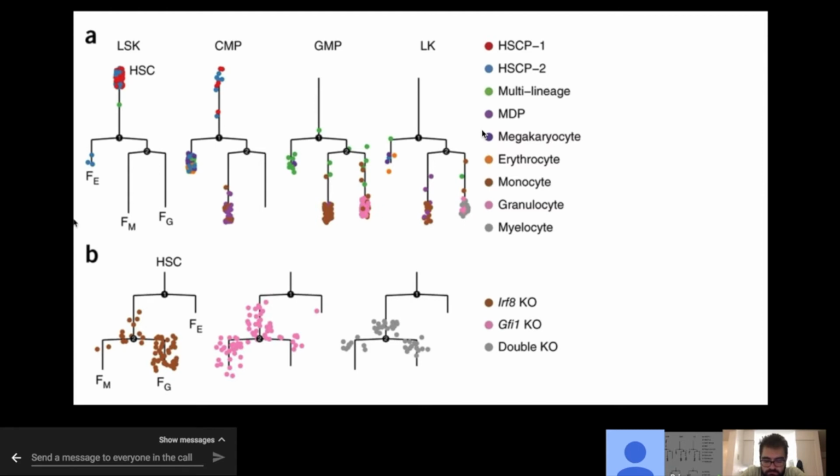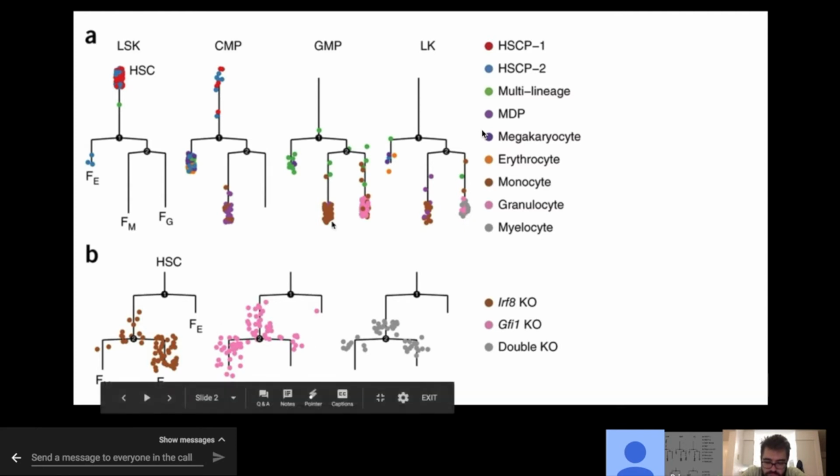And so here they're looking at hematopoiesis, how hematopoietic stem cells sort of differentiate into each of the multipotent progenitor cells. And then here they're looking at the same sort of trajectories, but now they've done various knockouts to show how you can shuttle particular cell subpopulations into lineages by blocking their ability to differentiate.